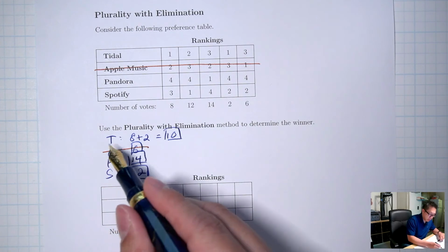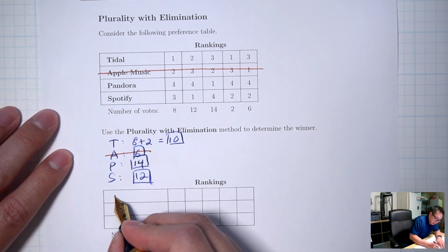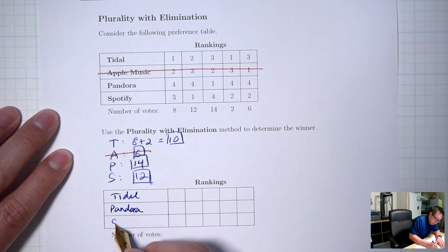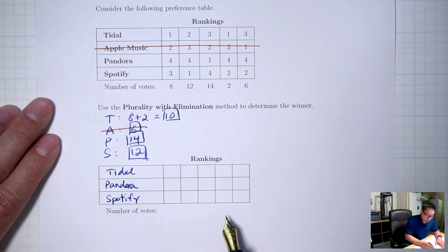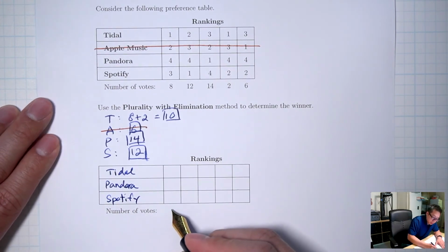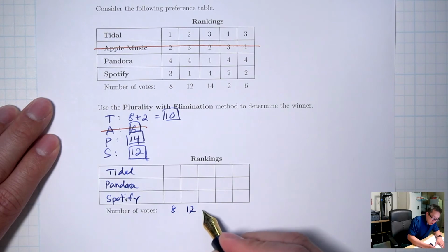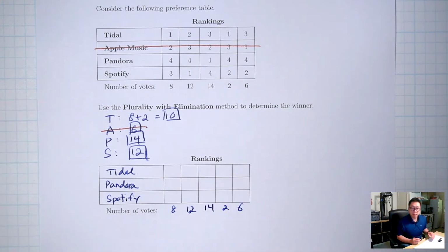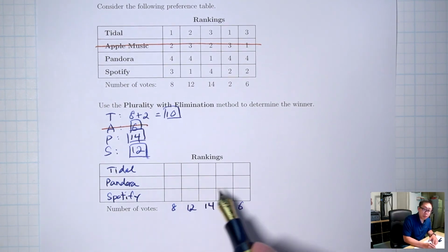We have now just Tidal, Pandora, and Spotify. The numbers at the bottom are going to stay the same. They're going to be 8, 12, 14, 2, and 6. And then because there's only 3 candidates left, I should only have 1s, 2s, and 3s for my rankings.